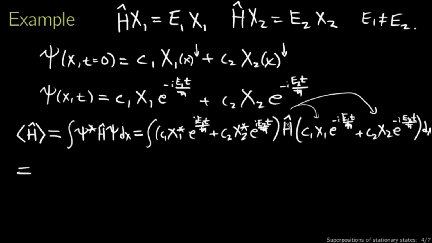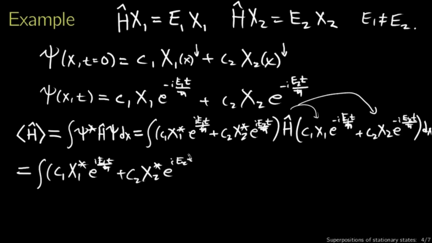So I can apply the operator to this expression for the wave function. And when you do that, you get c1 x1 star e to the i e1 t over h bar. I'm just copying this expression over, plus c2 x2 star e to the i e2 t over h bar.